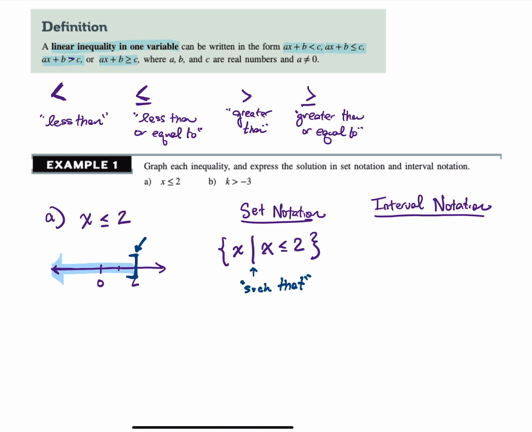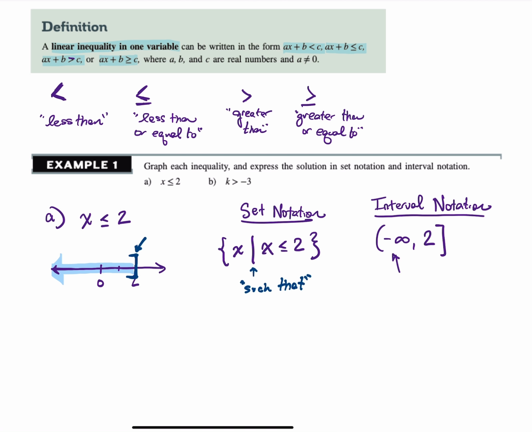In interval notation, I'm describing this whole interval, and this goes all the way to negative infinity, and then stops at 2, and we're including it with a bracket. So I would say from negative infinity to positive 2, including 2.